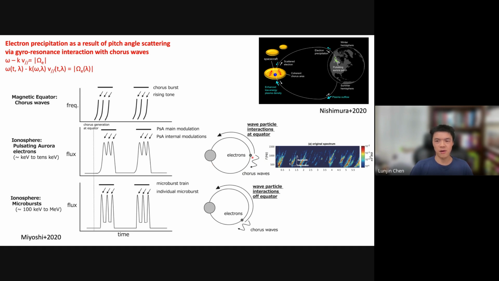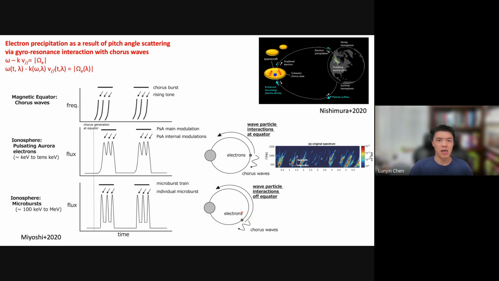Then the chorus waves propagate along the field line, and the increase in magnetic field leads to an increase of the resonance energy. So when the chorus waves move away from the equator, they interact with higher and higher energy electrons. If they propagate to sufficiently high latitude, they can interact with relativistic electrons, and therefore you can see a wide range of electron precipitation.